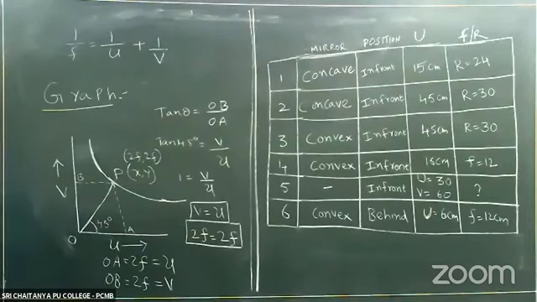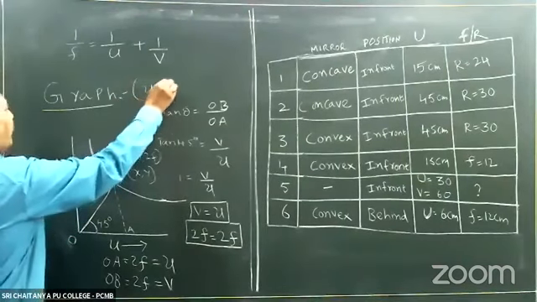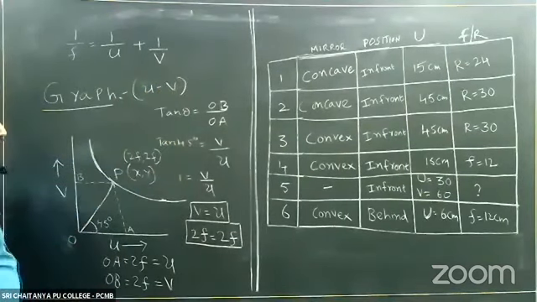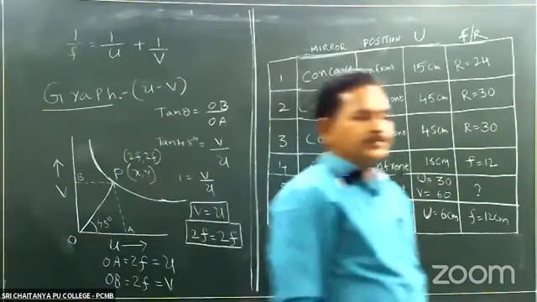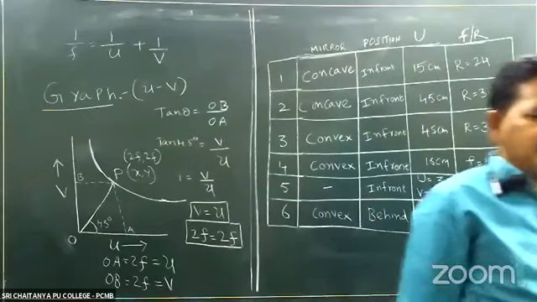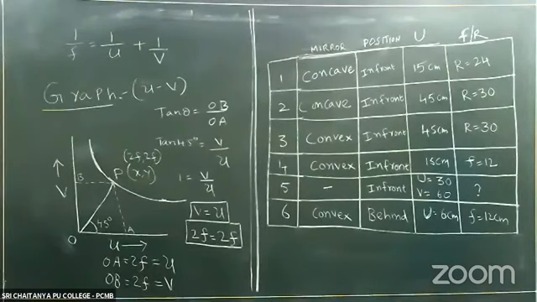This is one of the important graphs, both for theory, practicals, and also for competitive examinations. Graph between what and what? U and V, object distance and image distance. Go through it once. Along the x-axis, we took object distance. Along the y-axis, we took the image distance.